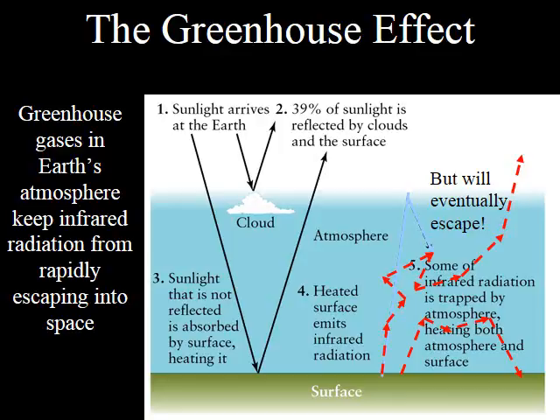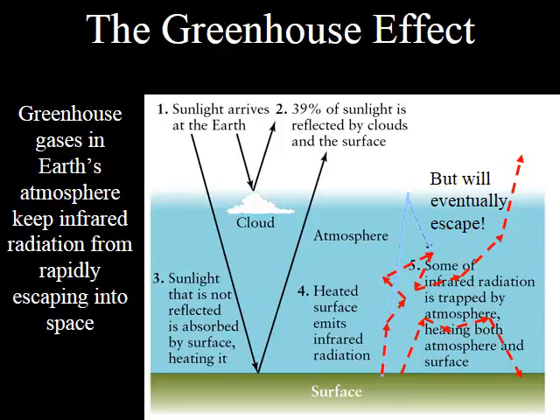So the sunlight that arrives at Earth, some of it is reflected by clouds and goes back out into space. Some of that visible light gets bounced off the surface of the Earth and not absorbed. This is why we can actually see. It's that reflected sunlight that comes to our eyes and allows us to see things. But some of that visible light gets absorbed by the surface of the Earth.